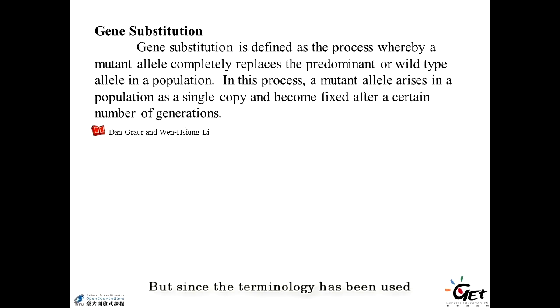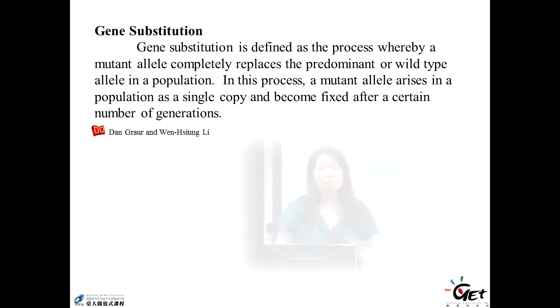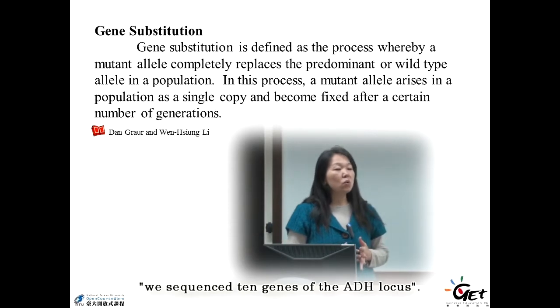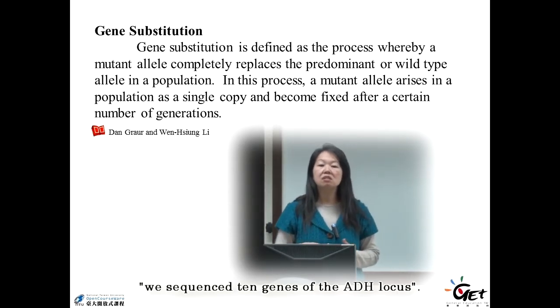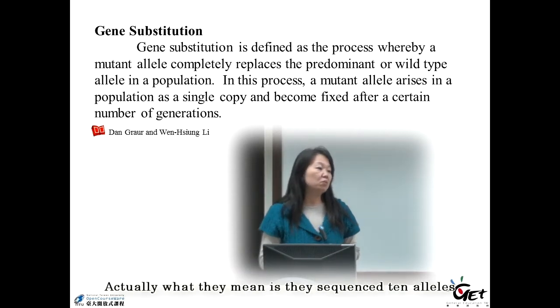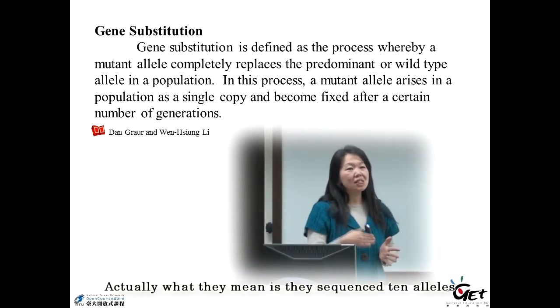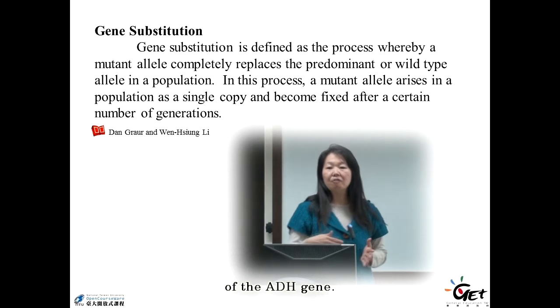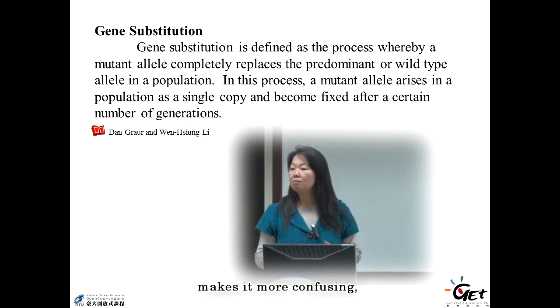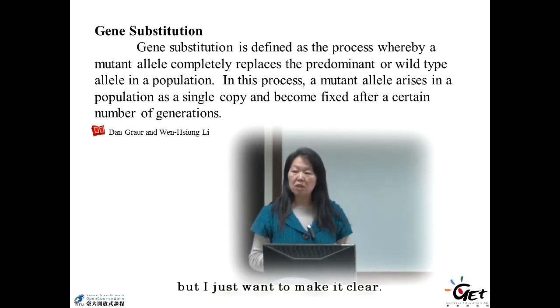Since the terminology has been used in several literatures, you will see that quite often. In some papers, people will say we sequenced 10 genes of the ADH locus. Actually, what they mean is they sequenced 10 alleles of the ADH gene. That makes it more confusing, but I just want to make it clear.